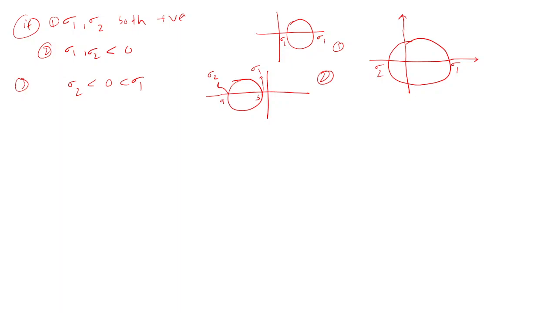Otherwise, if they simply say maximum, then they are asking about the major principal stress. Got my point or not? If magnitude is simply asked, then you have to take the magnitude.